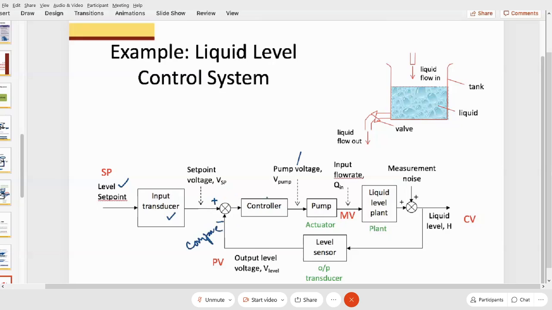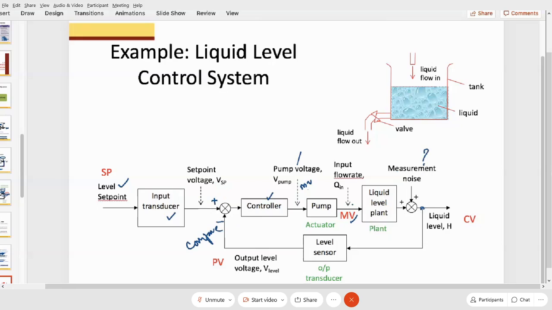Then you have the controller, maybe an amplifier, a filter, whatever inside here. The output is your manipulated variable, which goes to the pump. You drive your pump to fill the tank, and you can have some disturbance here.